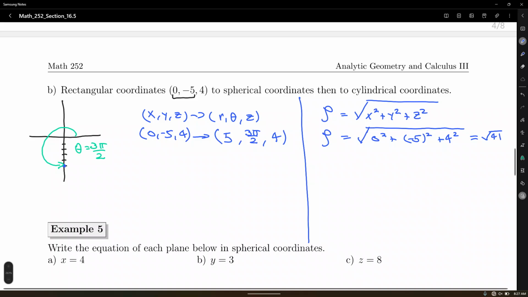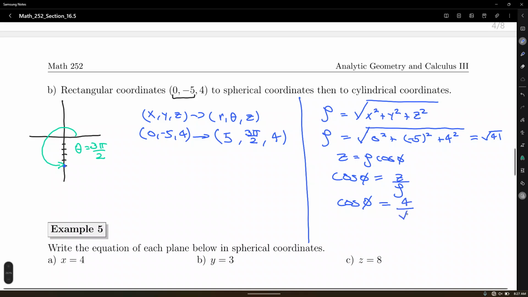Now, what's next? We need to find the azimuthal angle, and although there are a few relations to find it, let's use the easiest one, which is z equals rho cosine phi. Let me solve for the angle first. Cosine phi equals z over rho, where in this case cosine phi equals, what's z? Isn't that 4?